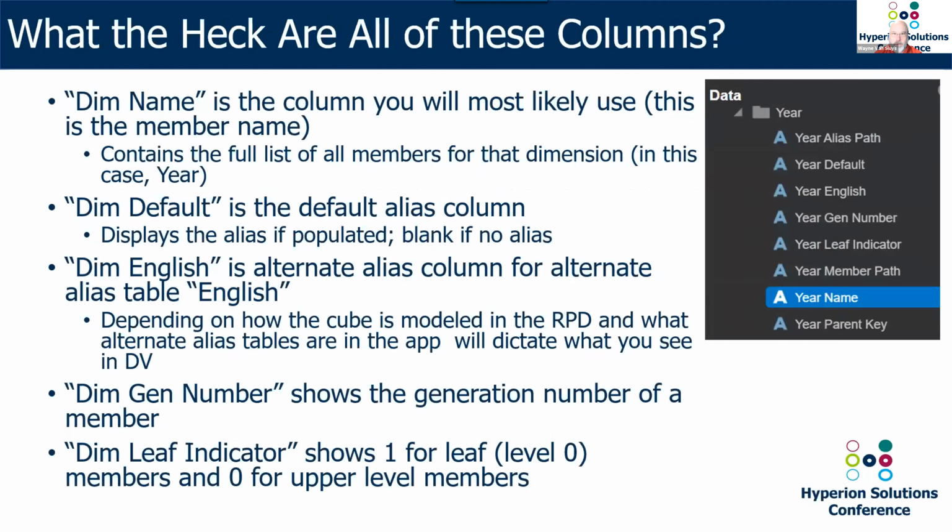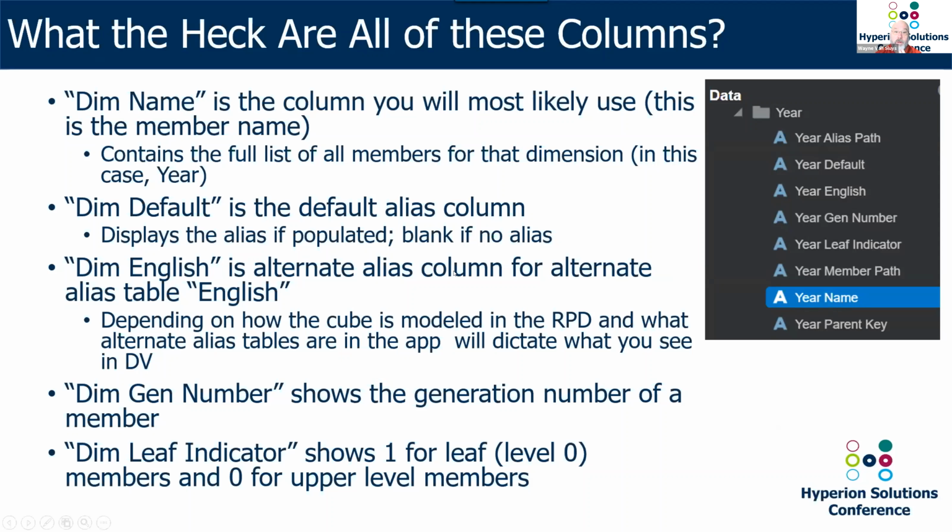When you're bringing the EPM information into the RPD, or even into DV as a direct connection, we have a whole lot of extra columns that come along as the metadata for the cube or the application. Most notably the DIM name, so we see the year and name.